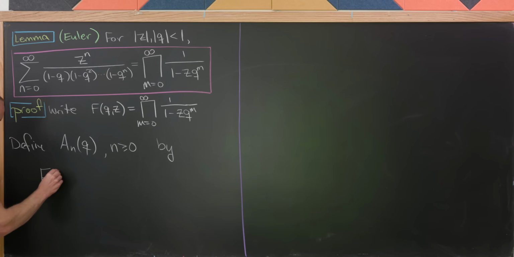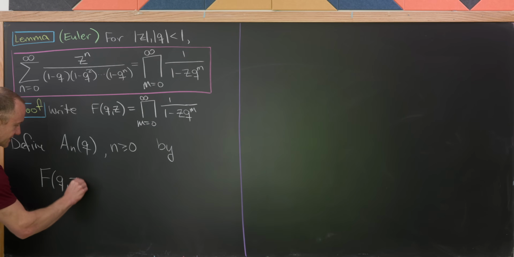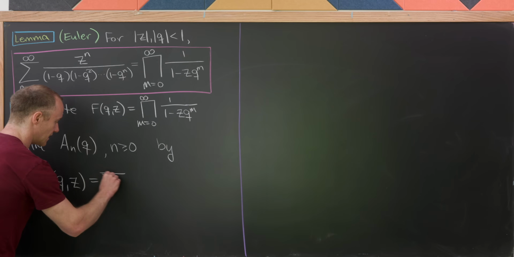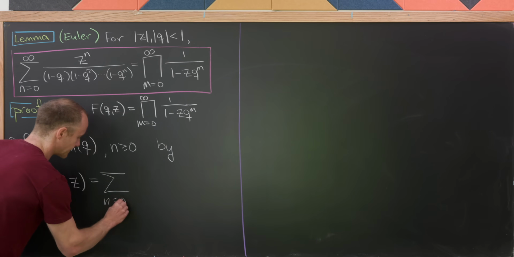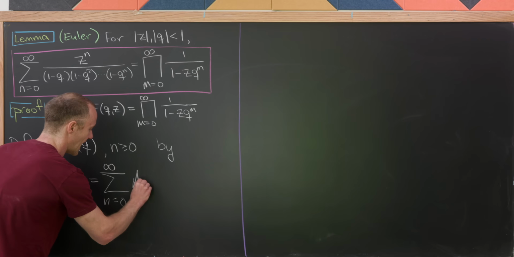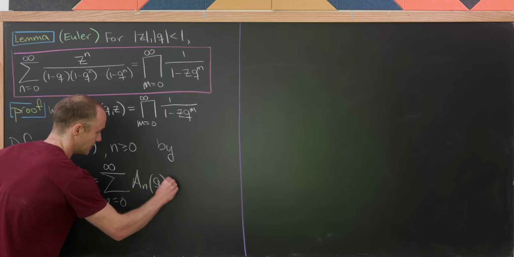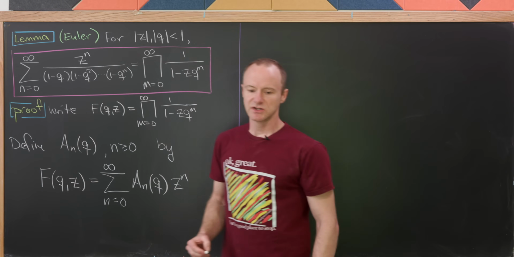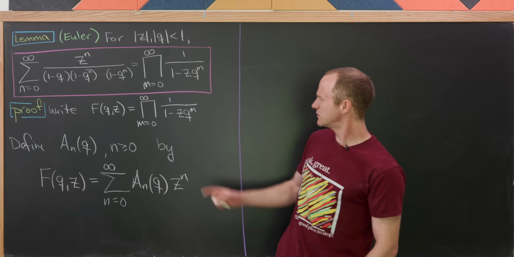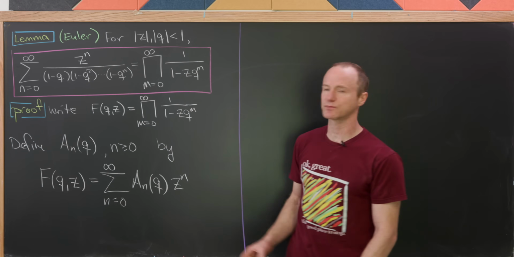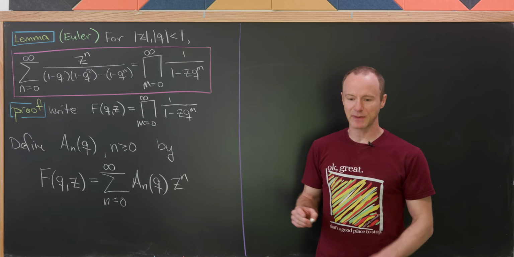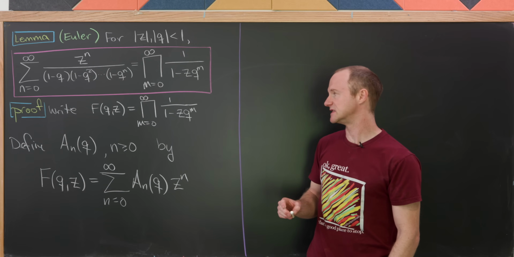So we'll have f of q, z is equal to the sum as n goes from 0 up to infinity of a sub n of q times z to the n. In other words, we want to think about this product, which we've labeled as f of q, z, and expand it as a power series in z.